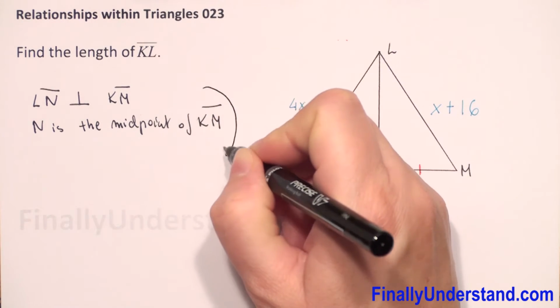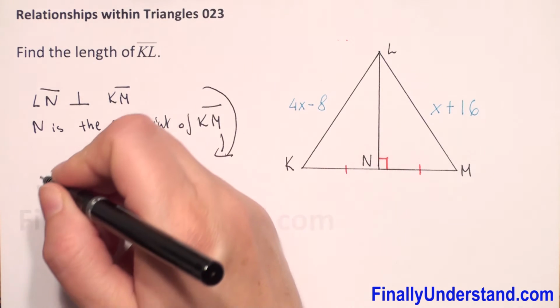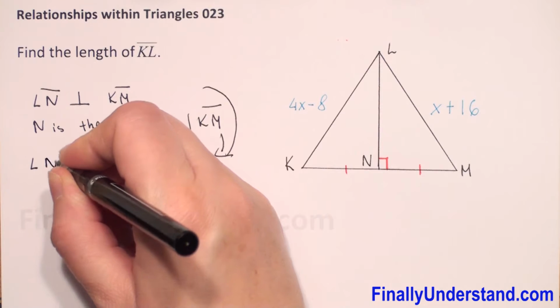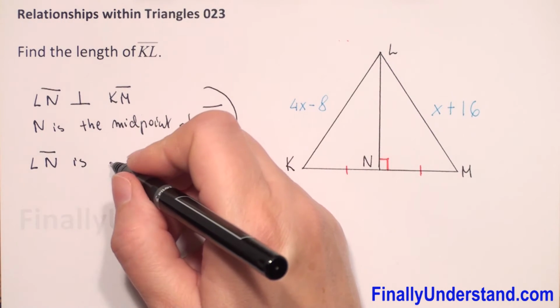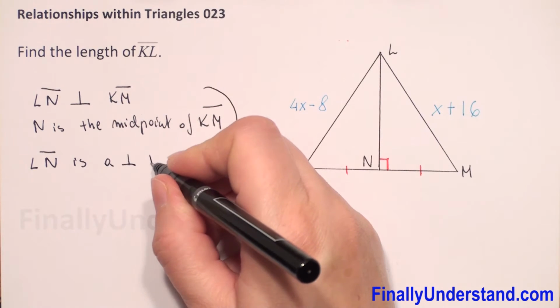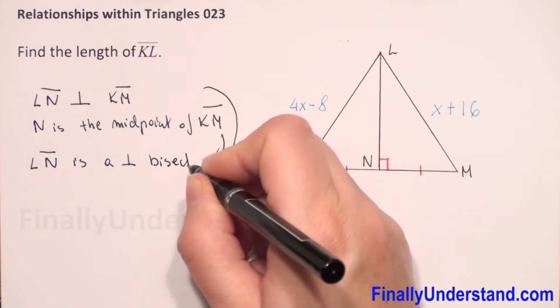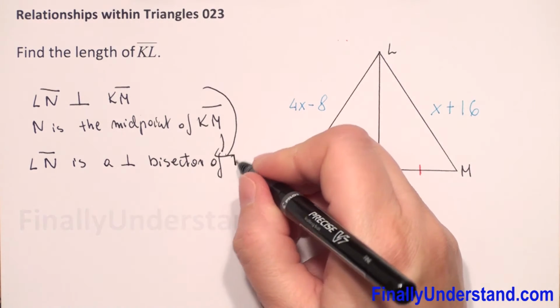So from these two statements we have that LN segment is perpendicular bisector of segment KM.